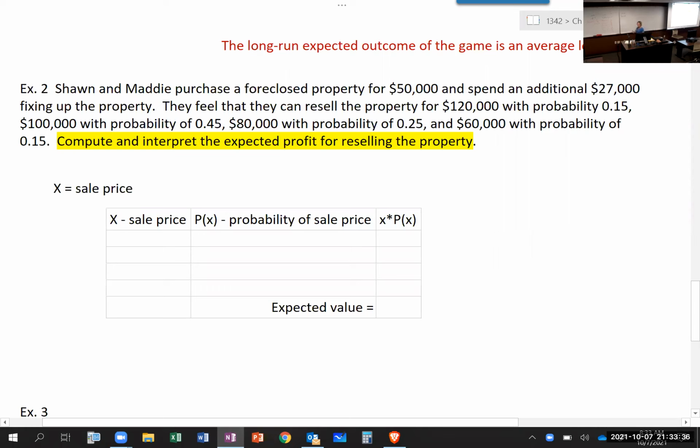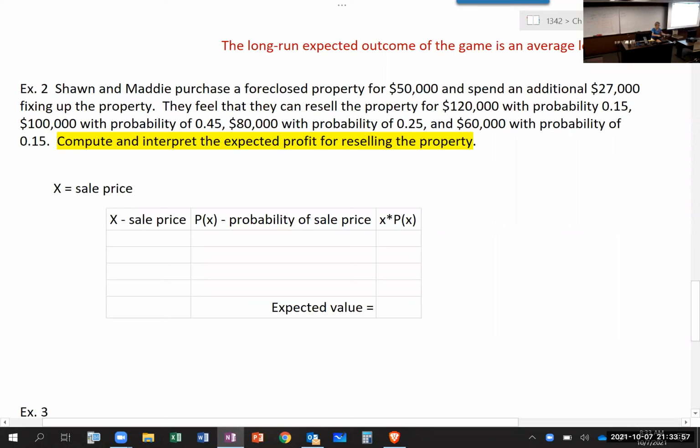So the variable that's changing in this scenario would be the sale price, right? The sales price is the variable that's changing. And we need to write down the probability associated with each of these sales prices.